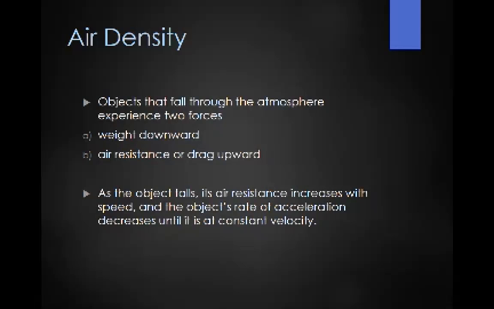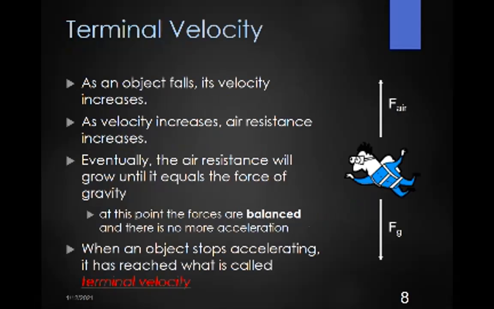Imagine the force of gravity pointing downward and air resistance opposing it, pointing upward, since it's a form of friction. At some point, the faster you go, you reach a point where the air resistance becomes so large that it balances out gravity and you stop accelerating. This is what's known as terminal velocity.